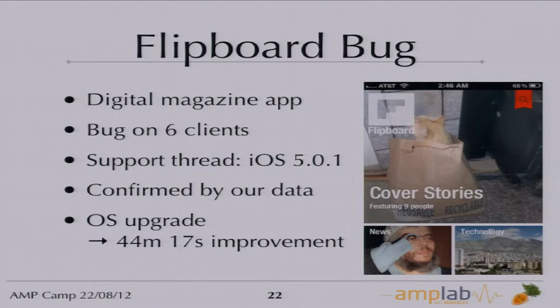And it turned out that those 6 clients, where this was reported as a bug, were exactly the clients that were running iOS 5.01. None of the users running a different operating system saw this reported as a bug. So if you were just to upgrade the operating system, you could continue using Flipboard, and you would get 45 minutes more battery life.